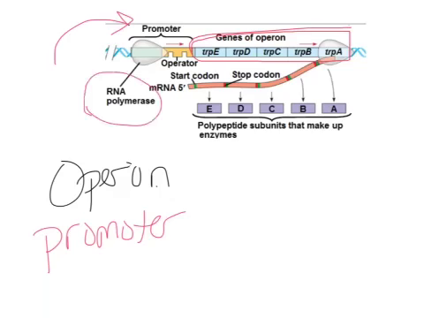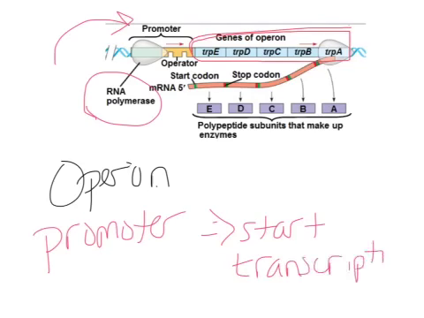You can see the RNA polymerase coming in here, binding with the promoter. It's a particular sequence of nitrogen bases that they're looking for. It binds with the RNA polymerase and starts the process of transcription, taking the DNA and turning it into messenger RNA.